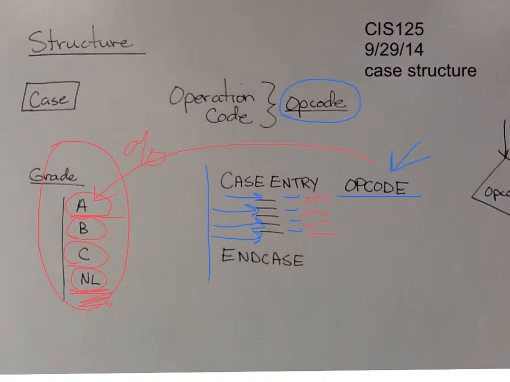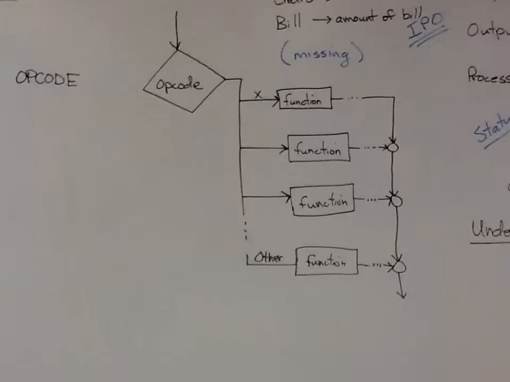Alright, so we have a case structure. Let's take a look at it a little more closely. We'll move to it in spreadsheet form. It would look like this. You would have your operation code here, and then based on that it would perform one of these functions or steps, and there could be multiple steps in there. And then you always have an other.